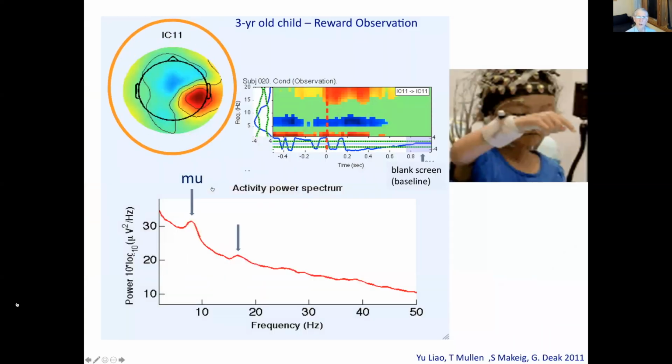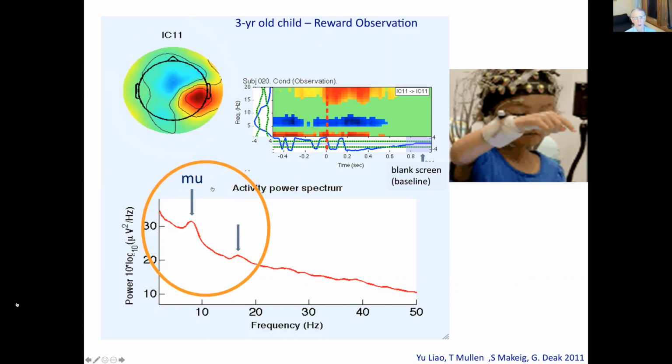Well, this was a result by Yu Liao, a postdoc who was working on the data. And as an example, this was a mu component, a hand region mu component. We can tell by the scalp map and by the characteristic mu peak, which in toddlers turns out to be 7 or 8 hertz instead of, in adults, around 12 hertz.